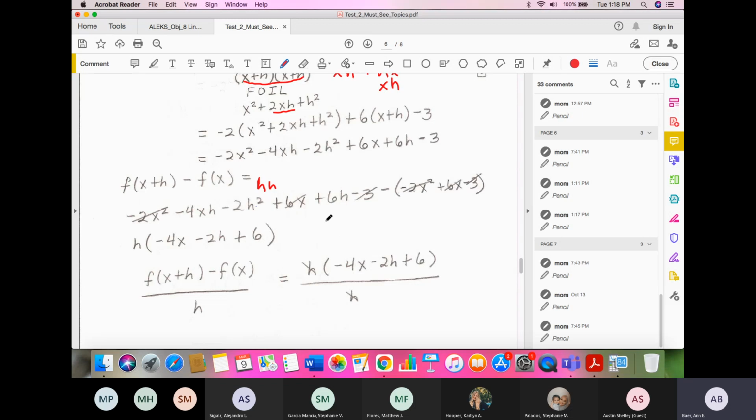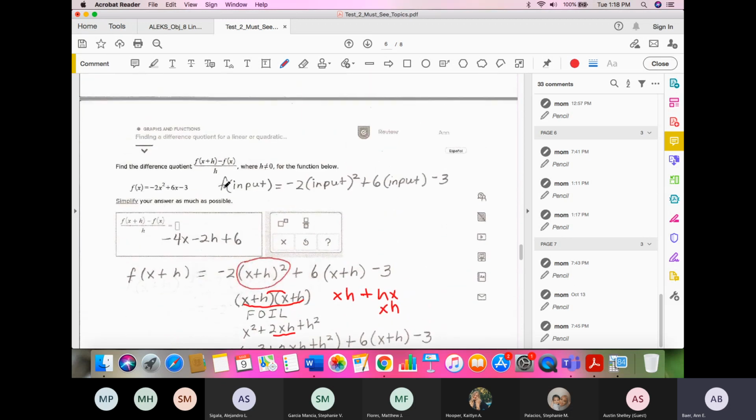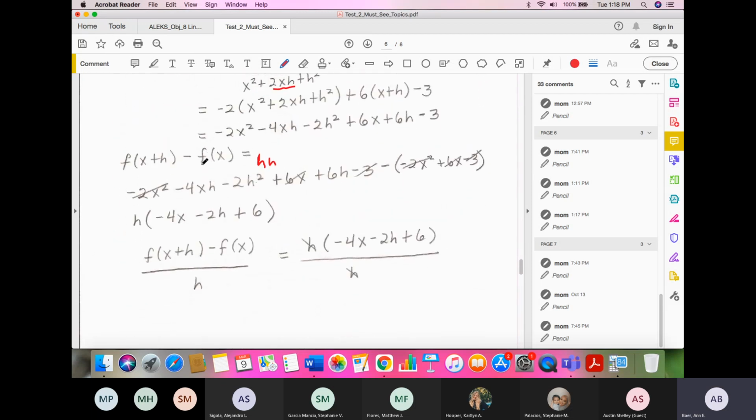So we've simplified f of x plus h minus f of x as much as we possibly can. The last step now is to divide by this h right here. So I now wrote this down in the numerator, divided by h.